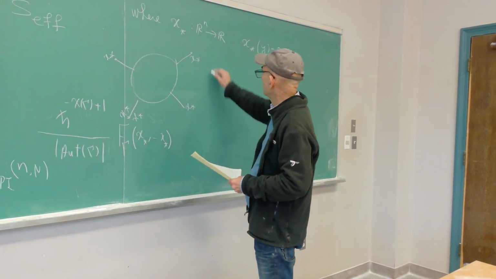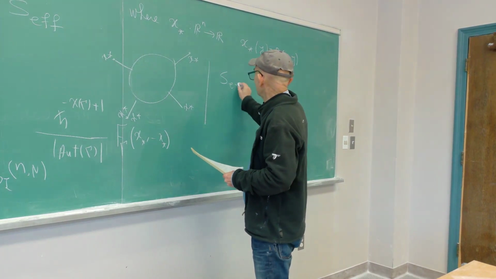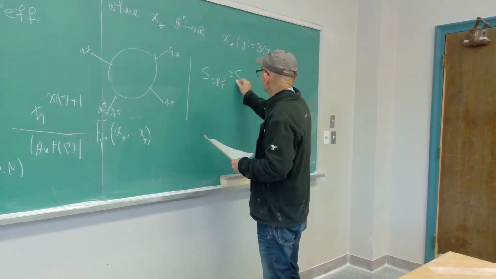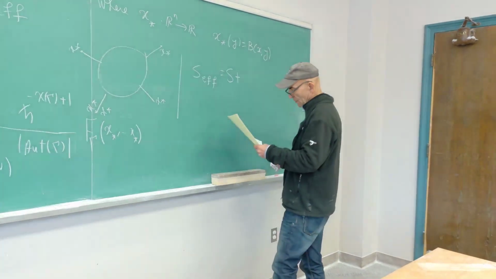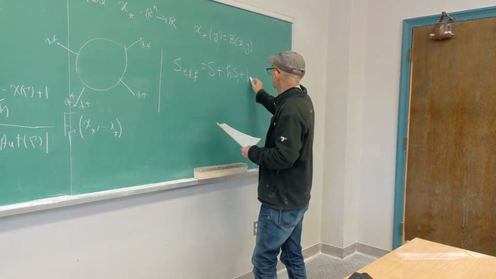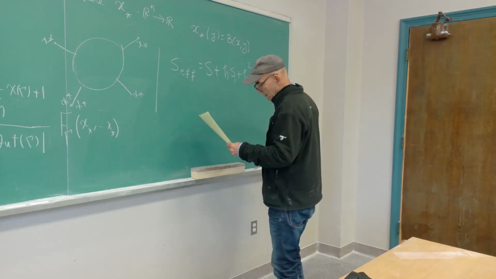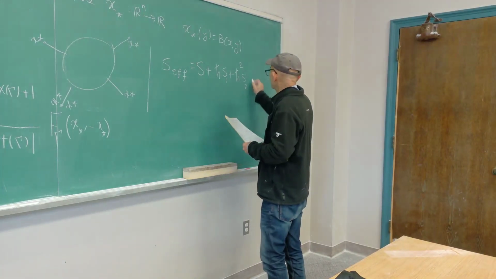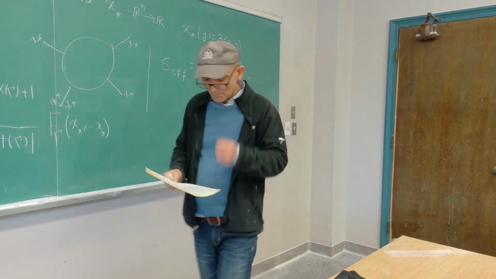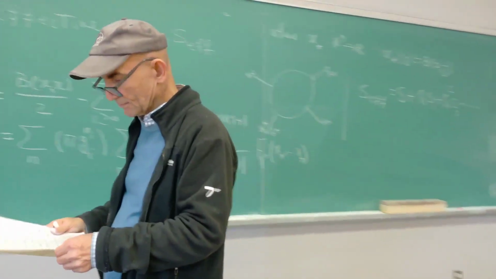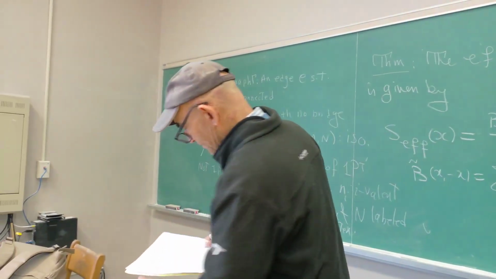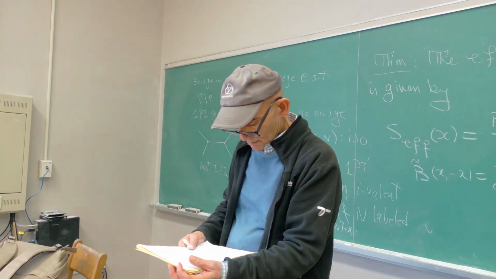So basically, the effective action can be expanded like this: S plus h bar S1 plus h bar squared S2. Okay.